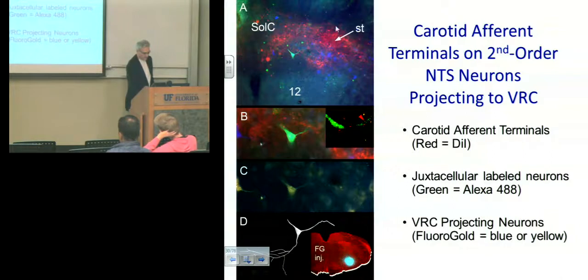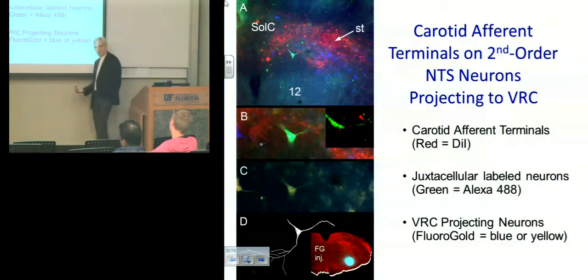Where's my mouse gone? And you've got arborization of the red terminals. So these are the primary afferent terminals. The juxtacellular labeled cell is shown here in green. And you can see a blow up here with a single slice with a confocal scope showing terminals that appear to be on the dendrites of this cell.